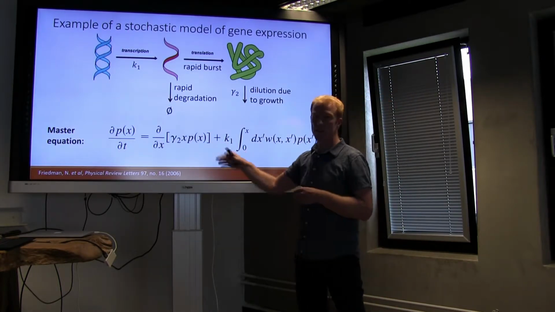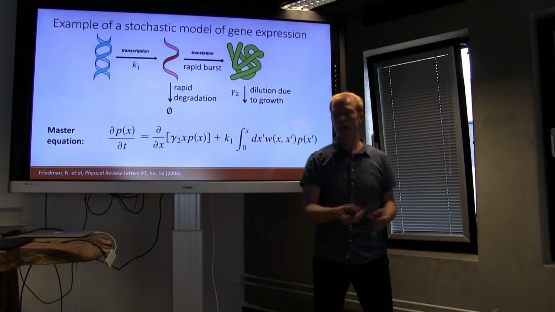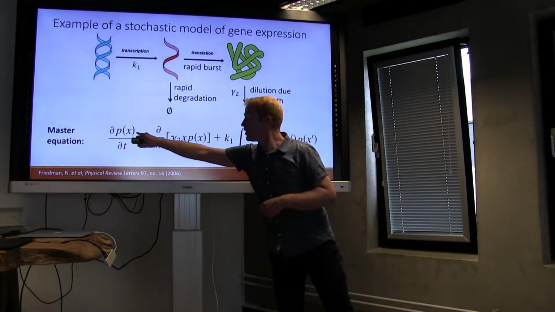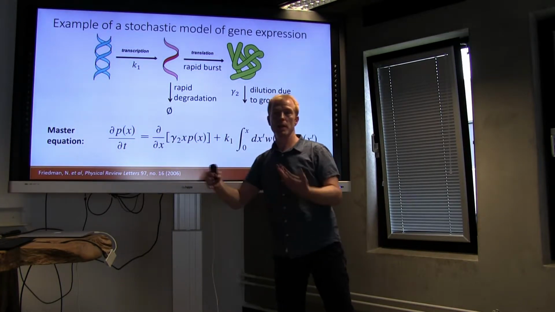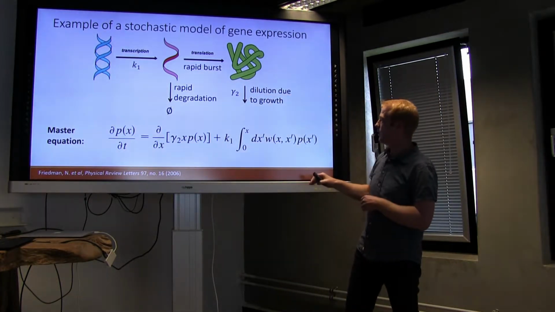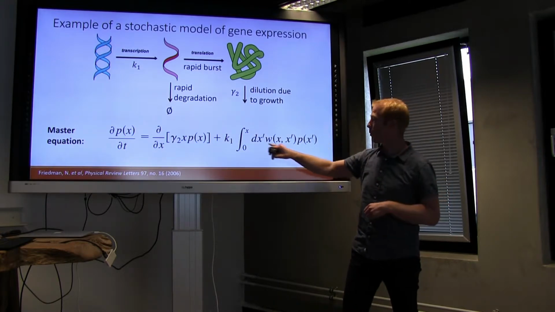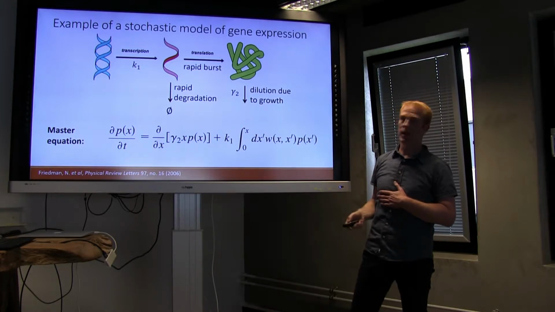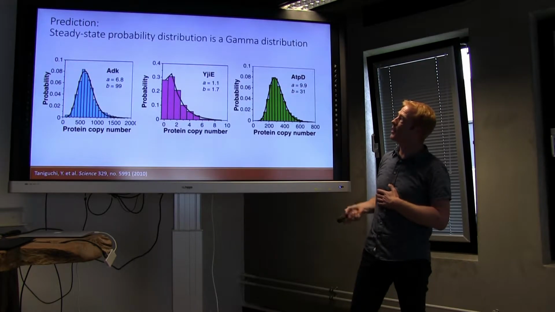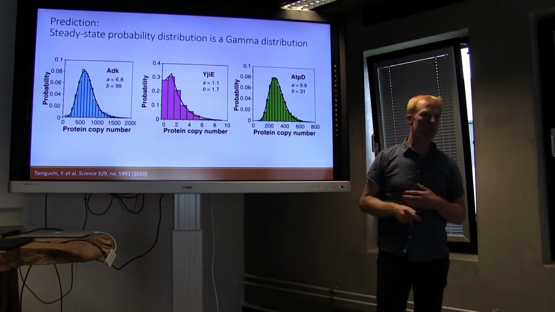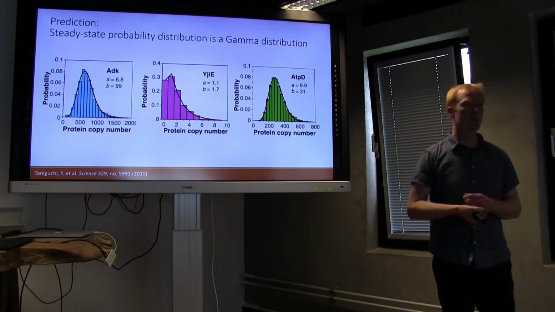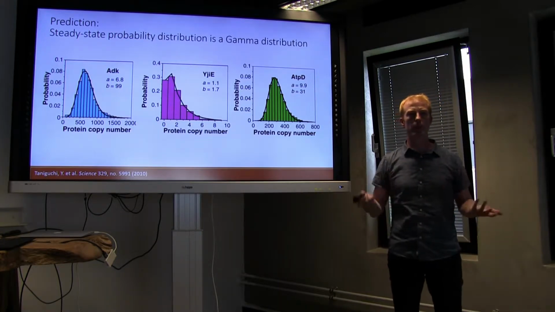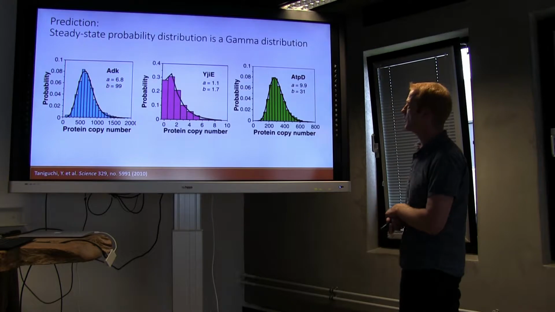So what you're interested in, if you look at a population of cells, is the steady state distribution P of x. So it means that you're interested in on the long run, this probability distribution will become stable. You set this equation to 0 and you solve it. And it turns out that in this simple case, it is a gamma distribution. The steady state distribution is a gamma distribution. That's something that people know about, and you know what it looks like.